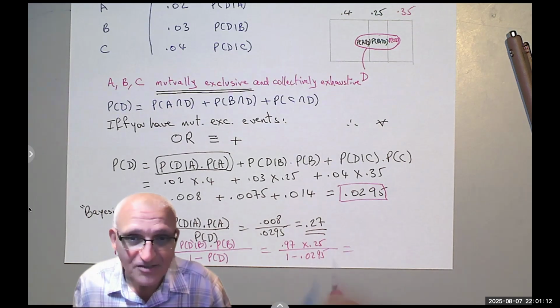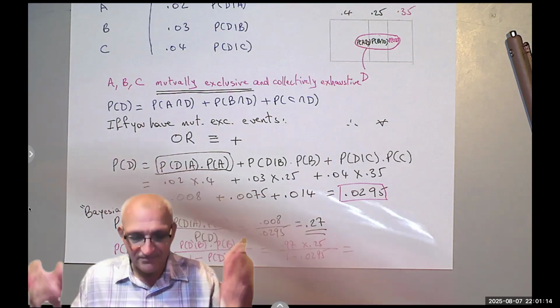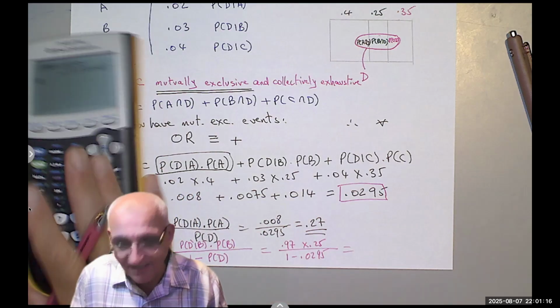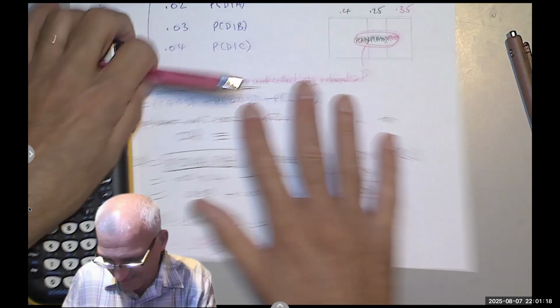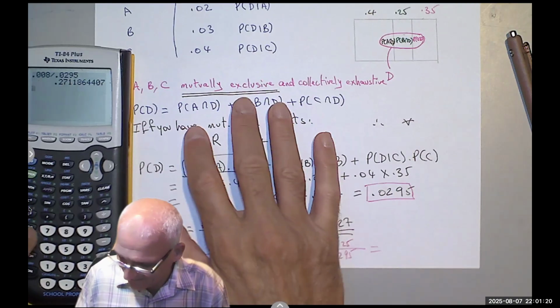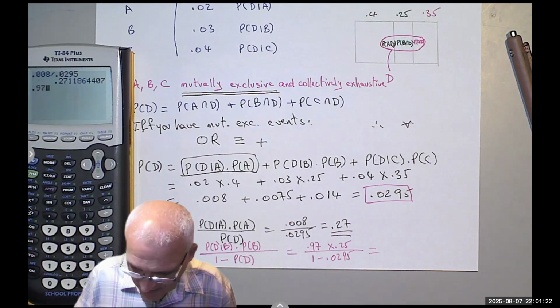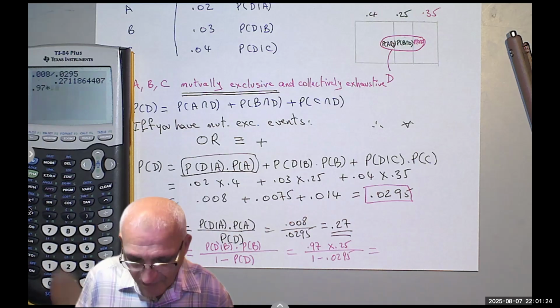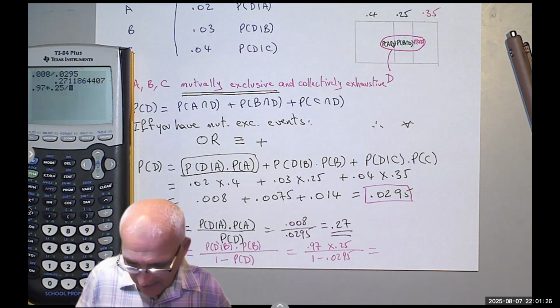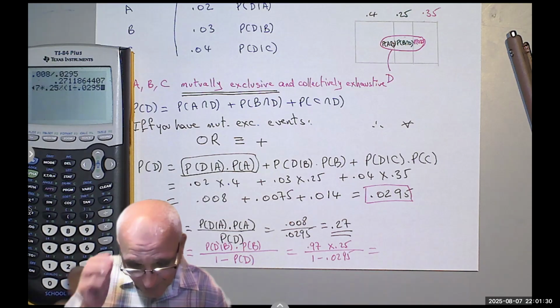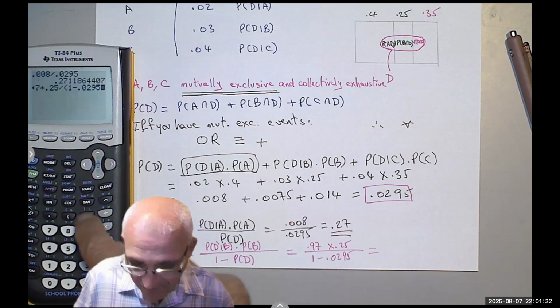If you've done it this way, you commend yourself. You're on a streak. Okay, 0.97 times 0.25 divided by 1 minus 0.0295, or 0.9705.